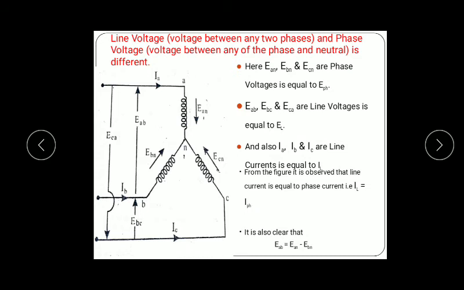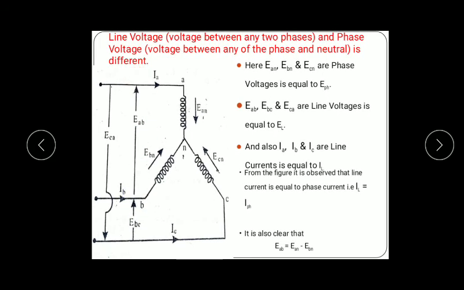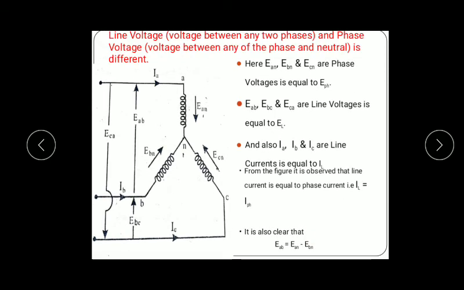And it is also clear that if you take line voltage, voltage between two phases, so voltage between line A and B is line voltage, so voltage between these two are EAN and EBN. So EAB is equal to EAN minus EBN.